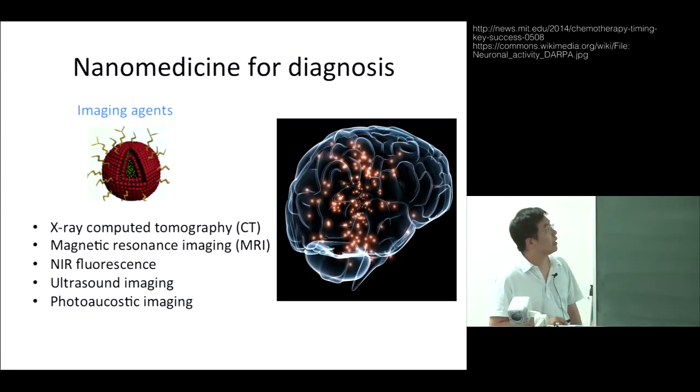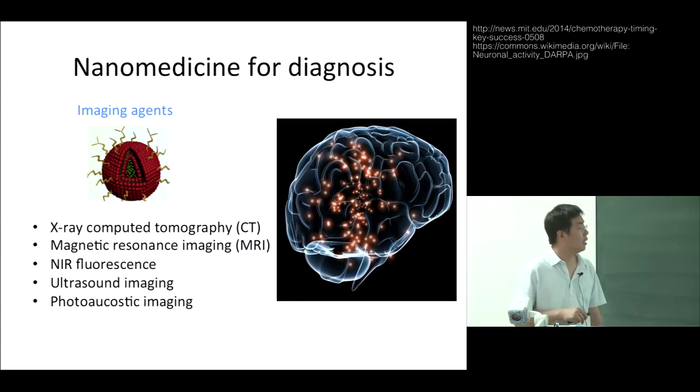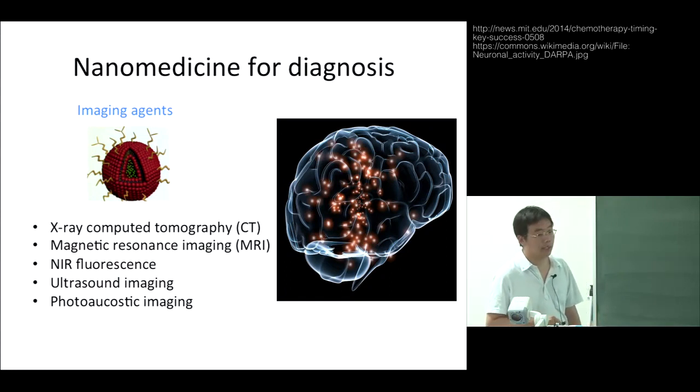There are two main applications of nanomedicine. The first one is bioimaging. The nanoparticles can act as an imaging agent. Right now, nanoparticles have already been applied in X-ray computed tomography, which we call CT in the hospital, and magnetic resonance imaging, MRI.